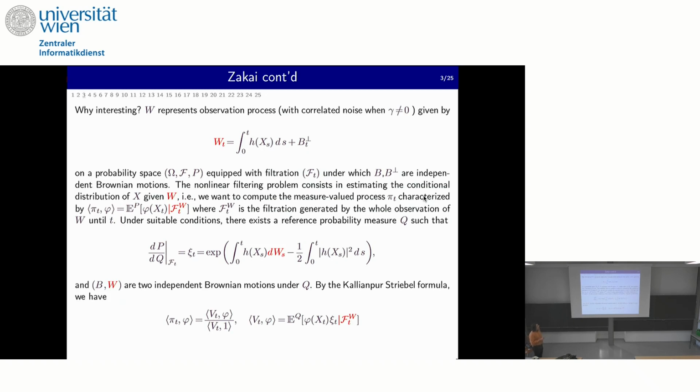Then you do a change of measure that turns this into a genuine Brownian motion under a new measure Q. Under this new measure Q you have this elegant representation: the original filtering problem, accessing the law of the signal given the observation under the original measure, can be tweaked into the so-called Bayes or Kallianpur-Striebel formula, where these terms are given by exactly the expressions we had on the previous page.